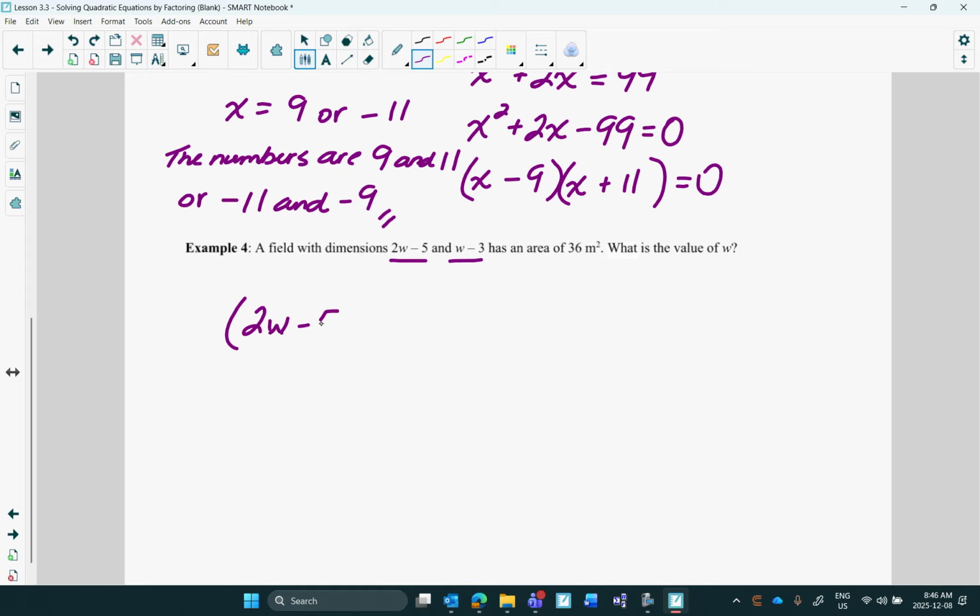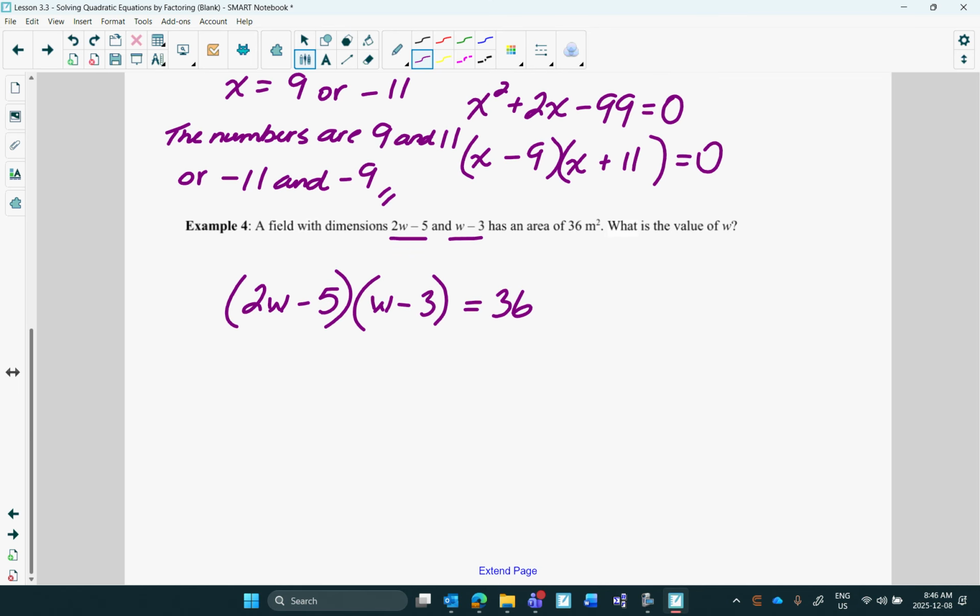So I take the expression 2W minus 5 together, which means I need parentheses, times the expression W minus 3 together, which means I need another set. And I know that's going to equal 36. That's another quadratic equation. It's just in the wrong form right now.